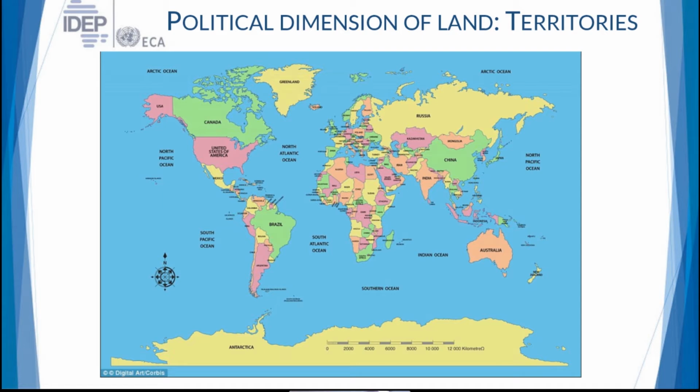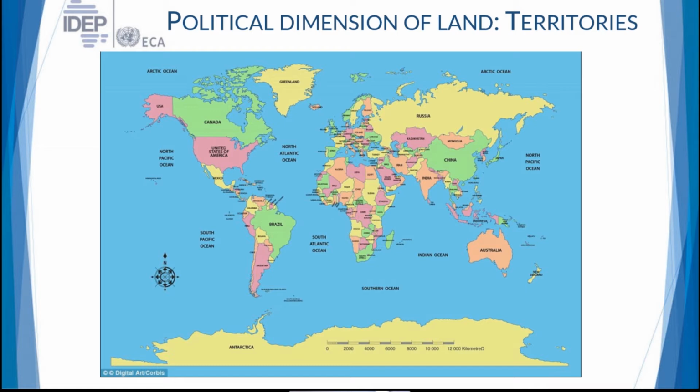I'm showing you this slide to let you know that land also has a very important political dimension. Land is also national territories. You can see this map.